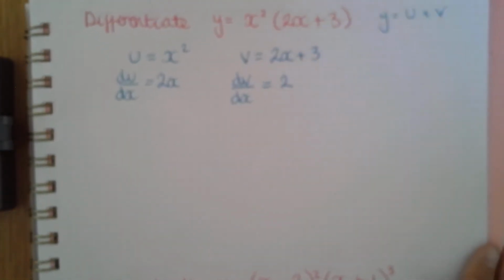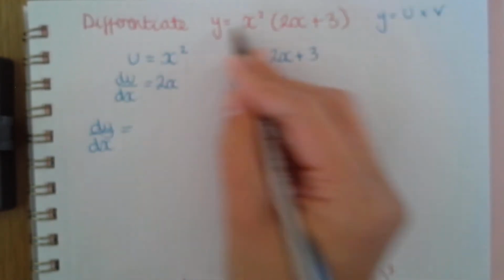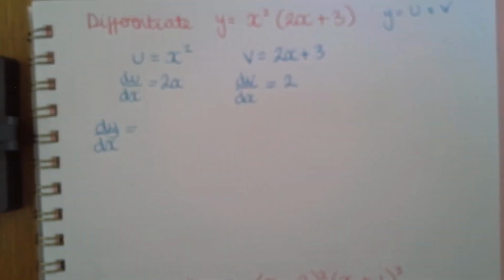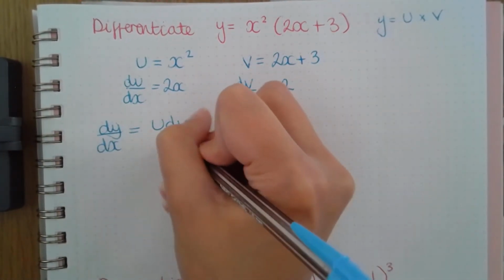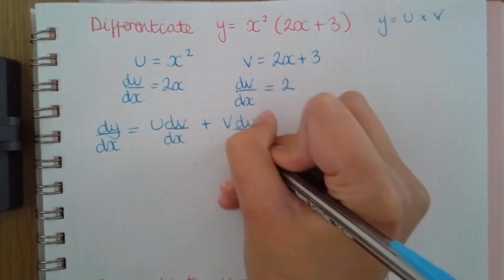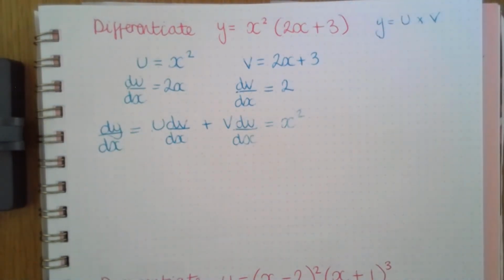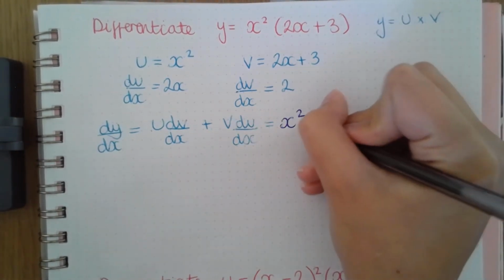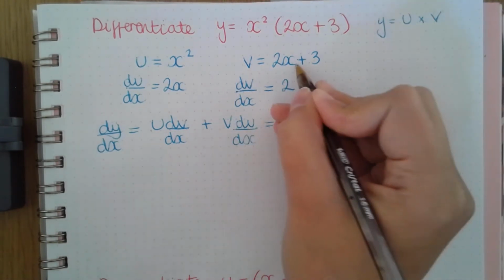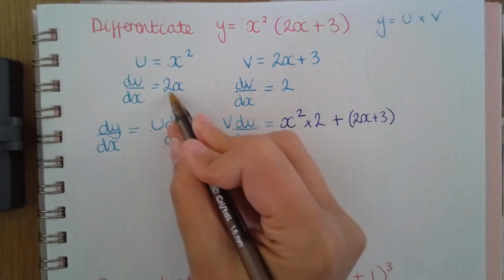And then I use product rule, so dy dx. So that's my differential of the original question. Sorry, it's just gone a bit blurry. So the differential is u dv dx plus v du dx, which equals u is x squared, dv dx is 2, plus v is 2x plus 3, du dx is 2x.